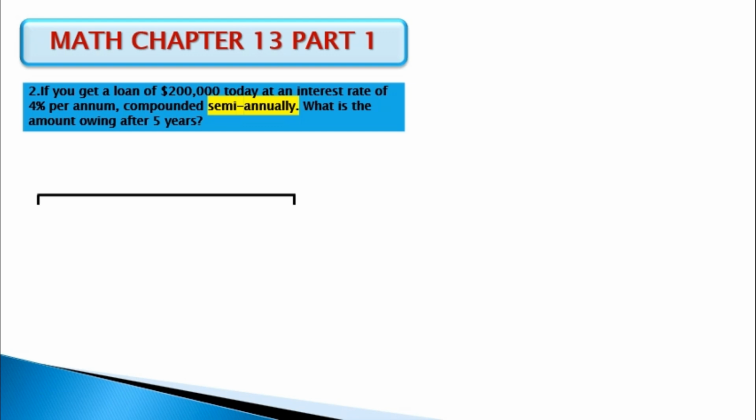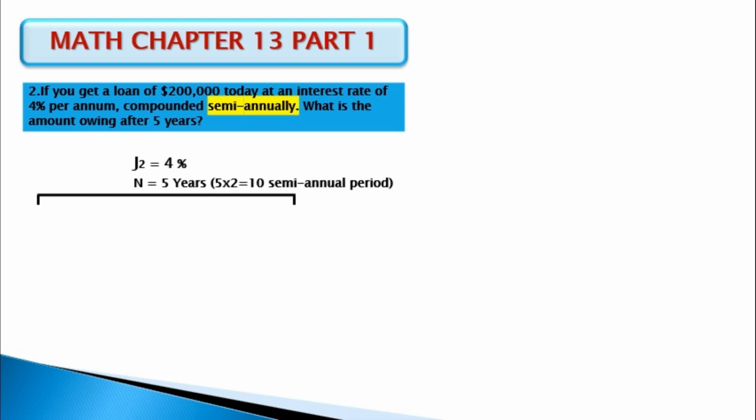So first thing, draw the timeline diagram. And this time it's not J1, but J2. Semi-annual means twice a year, so the subscript is 2 and the interest rate is 4%. And the time period is 5 years.